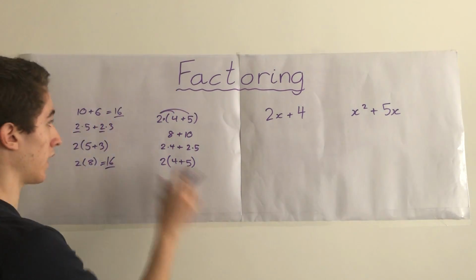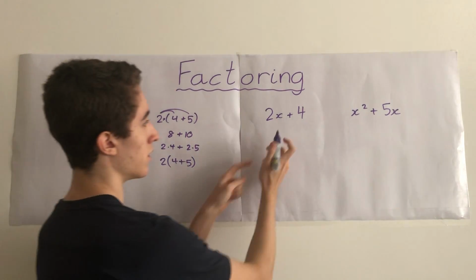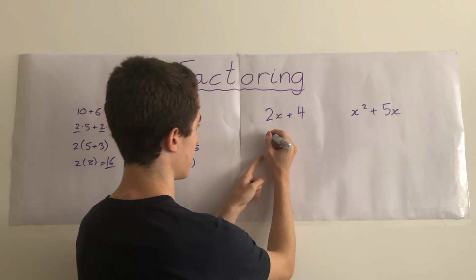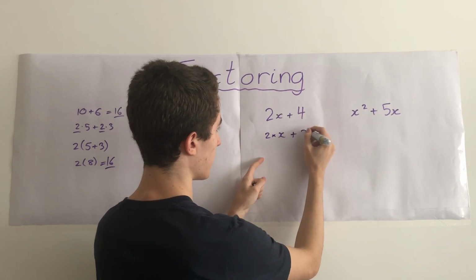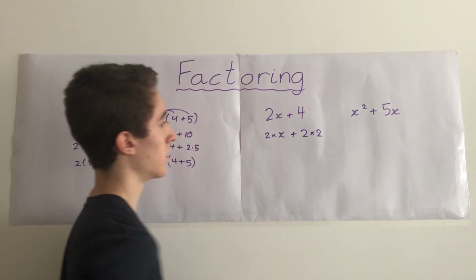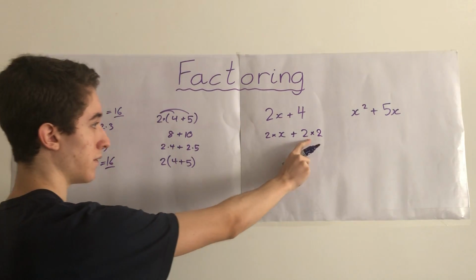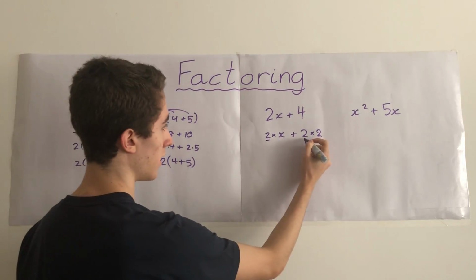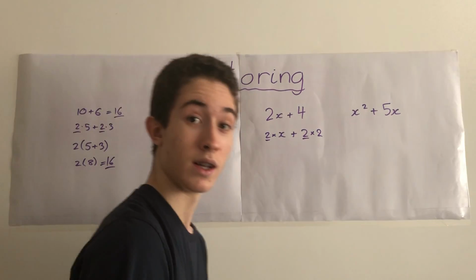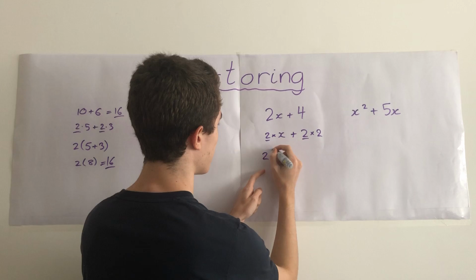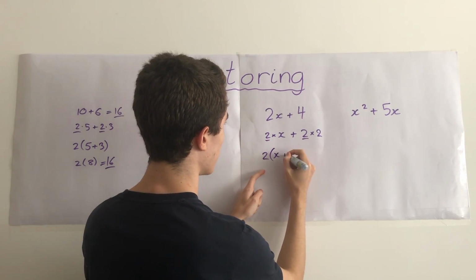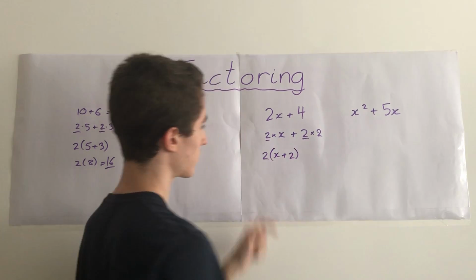So here, we can actually follow the same steps that we did here. So 2x is the same thing as 2 times x, right? And 4 is the same thing as 2 times 2. And here, again, we see that we have a repeated multiplied value. And then what do we do? Inverse distributive property to rewrite this as 2 times (x plus 2).